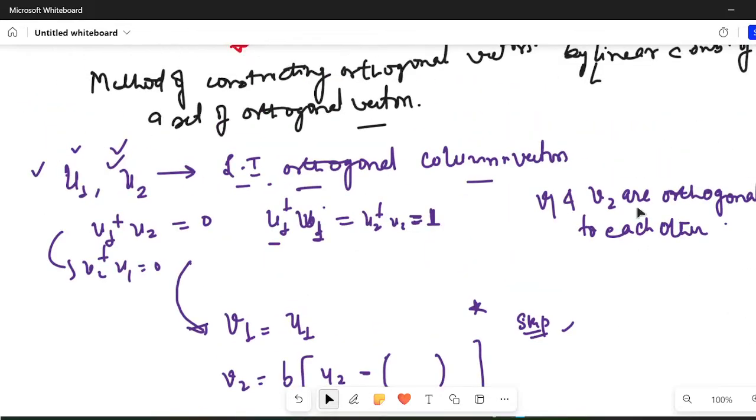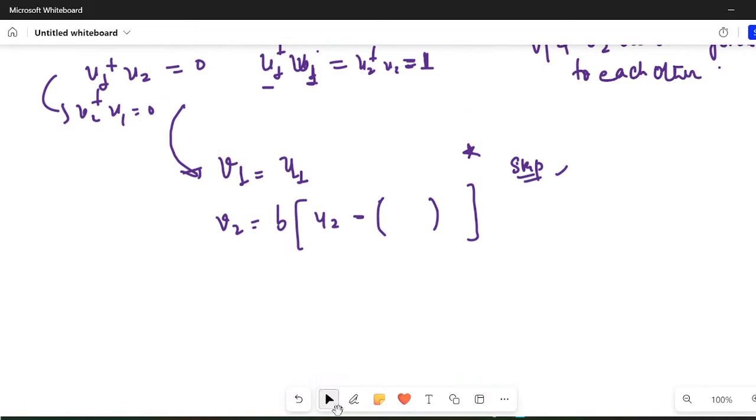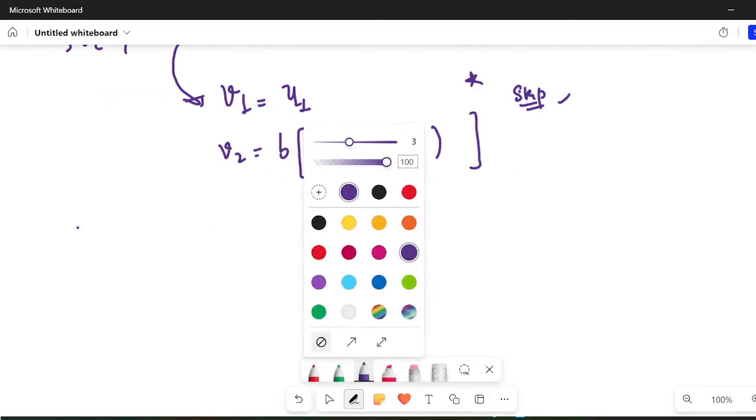I got actually confused in this particular thing. I'll help you in just a minute. Meanwhile, I'm just writing a few more properties, the properties number 4 or 5 or 6.